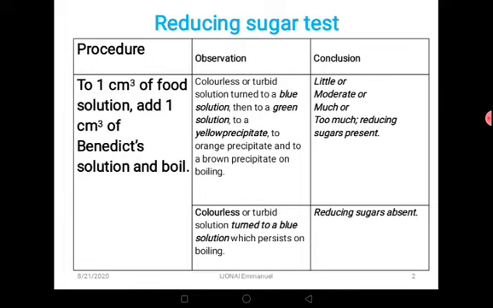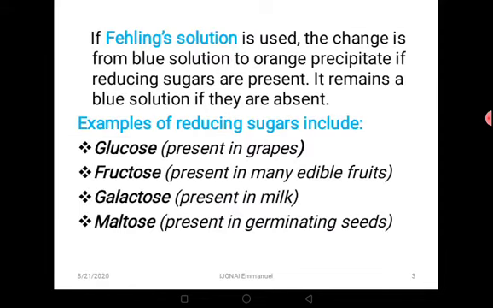So that is the test for reducing sugars if you are using Benedict's. If Fehling's solution is used, the change is from blue to an orange precipitate if reducing sugars are present. It remains a blue solution if they are absent. So the test is the same, the observations are the same, and the deductions are also the same. It's only the reagent name that changes.